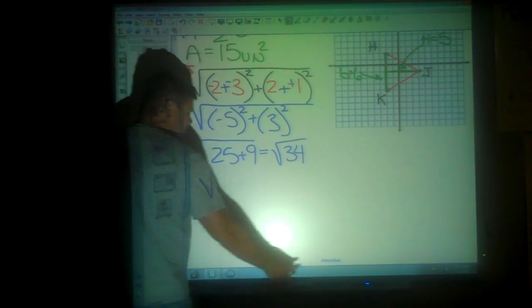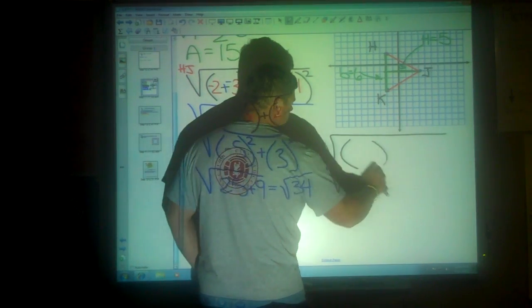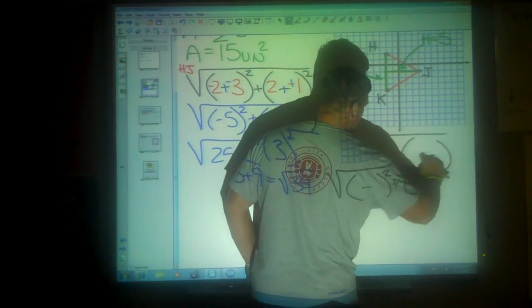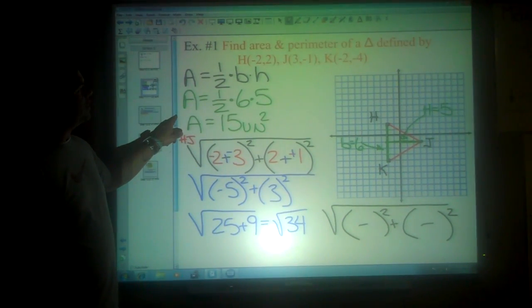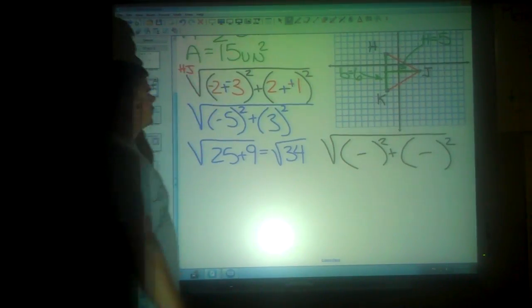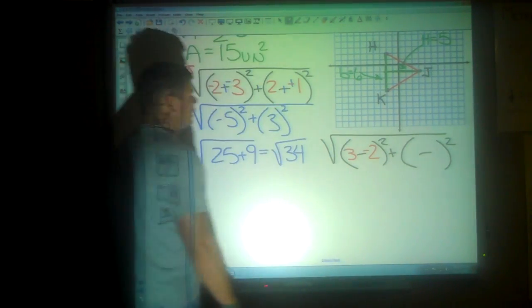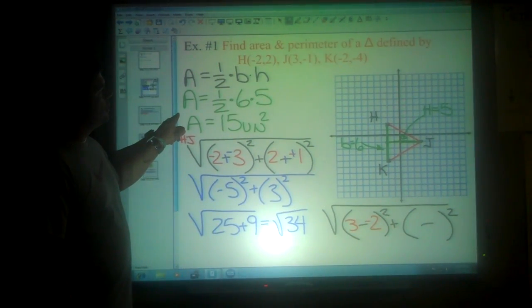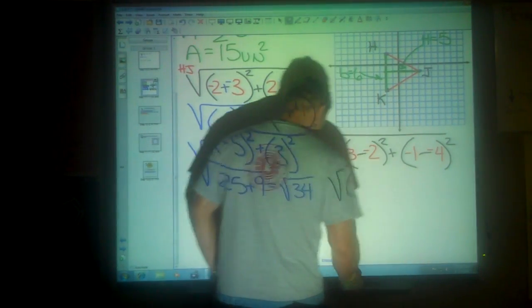I do the same thing. Set it up, subtraction squared plus subtraction squared. But now I want from k to j, so 3 and -2 will go here because those are the x values, and -1 and -4 are the y values.